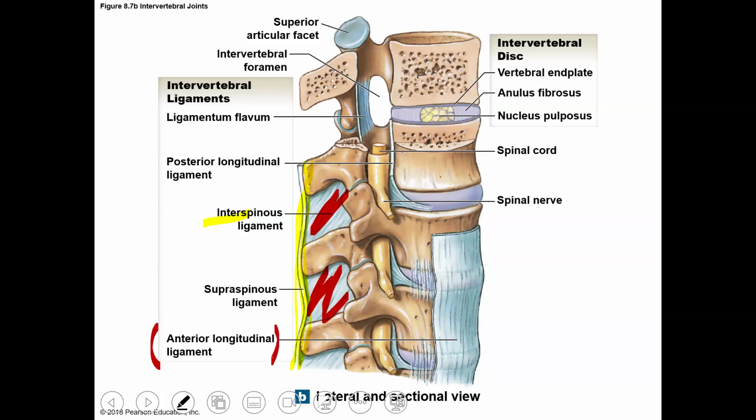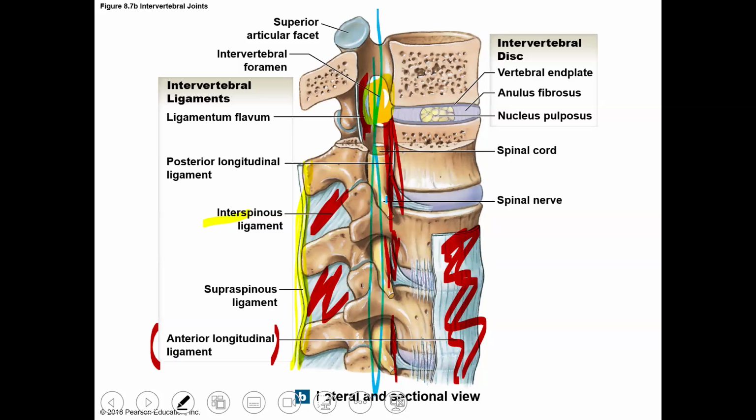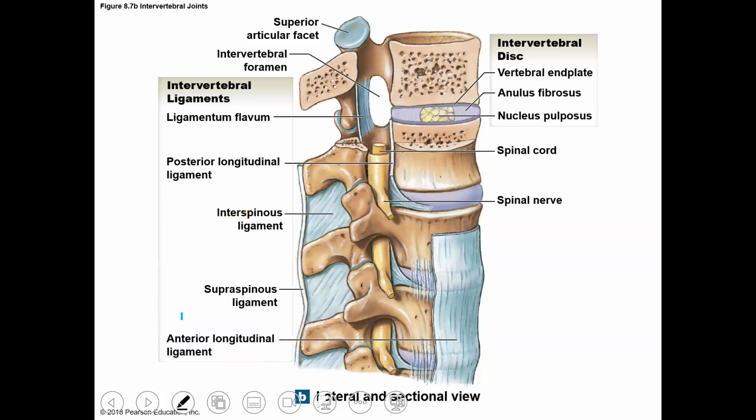So we see an anterior, and we're going to then see a posterior, and it's all the way along here, just like this is in the front. And then we see this little ligamentum flavum through here. And what do we see here? We see the IVF, or intervertebral foramen. And what comes through there? The spinal cord is through here, you can see it in yellow right here.